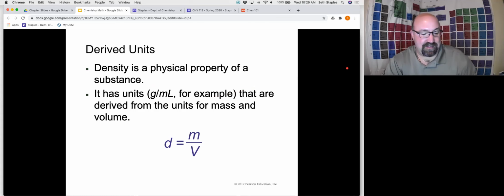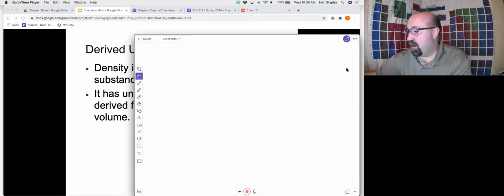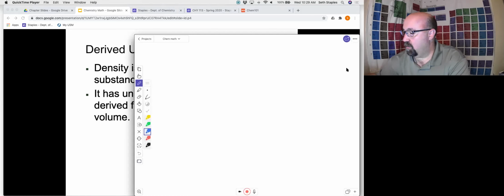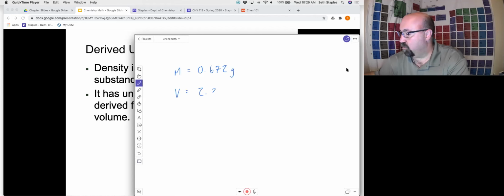As an example, just to throw something out there, if we have a random sample in which our mass equals maybe 0.672 grams, and we know our volume of that sample equals 2.2 milliliters, then we would calculate our density. Density equals mass over volume.